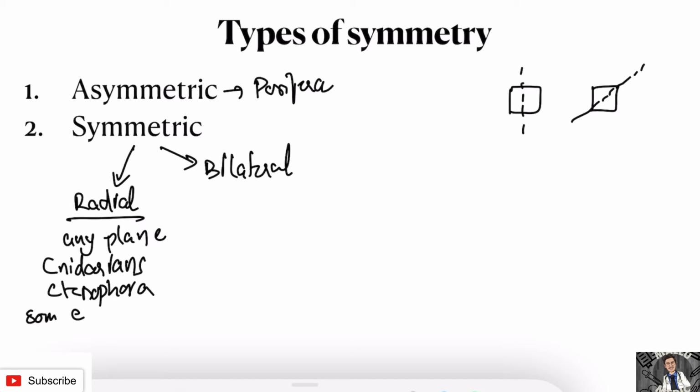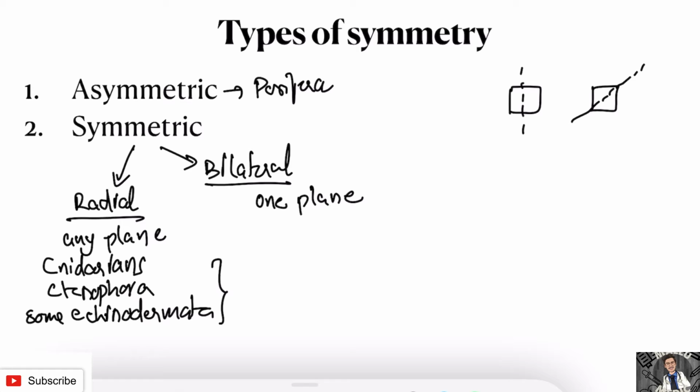Not all, but some Echinodermata also fall in this category. The rest of them belong to bilateral symmetry. In bilateral symmetry, you can cut the organism in only one plane, and then you get equal halves. Apart from these, all other phylums fall in bilateral symmetry.